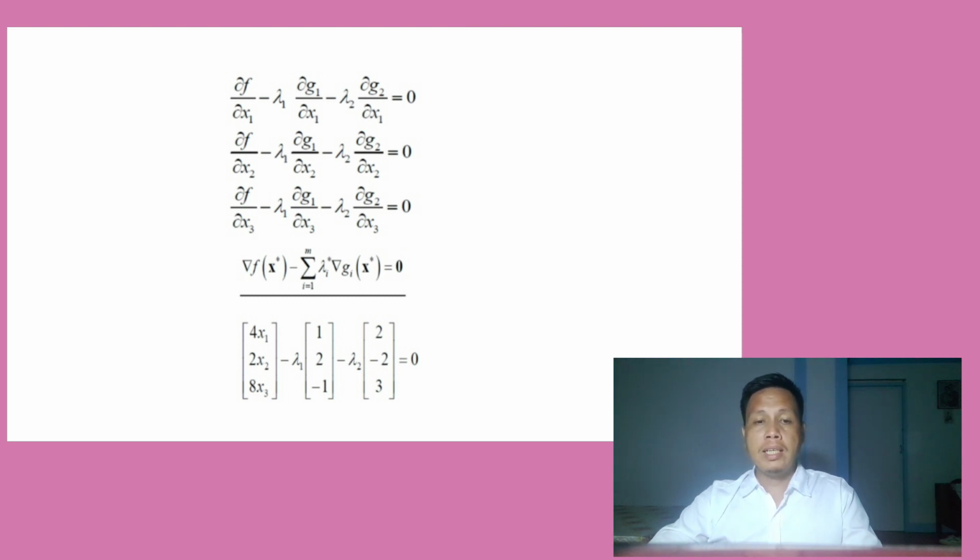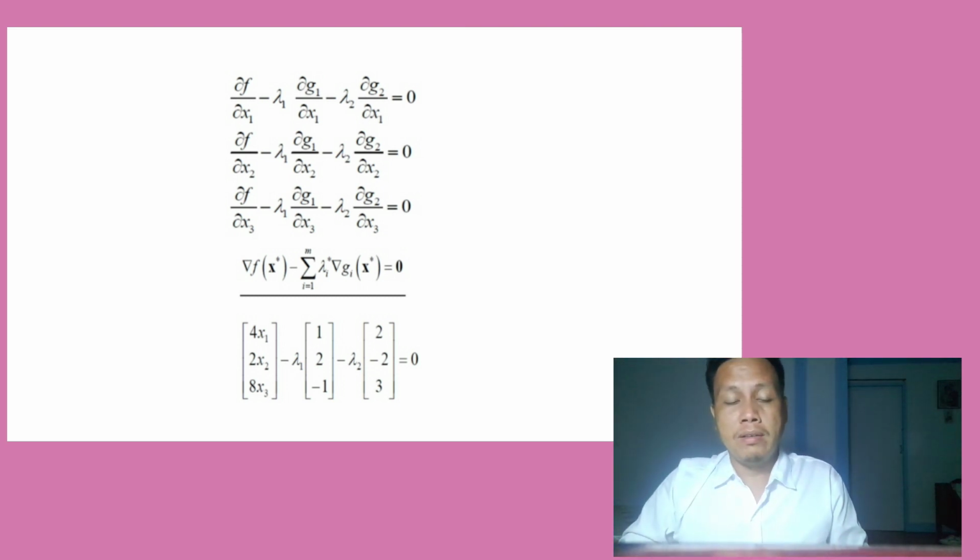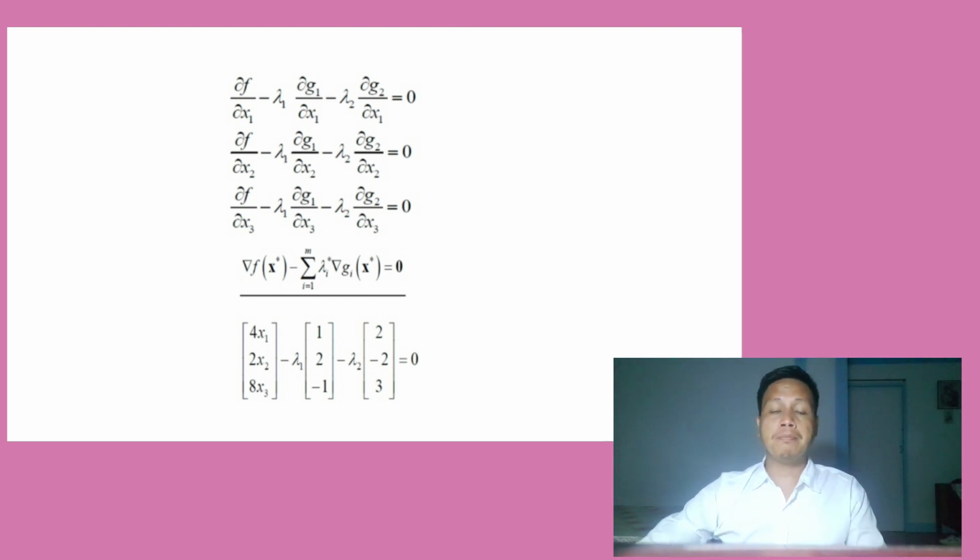This is for x_1, x_2, and x_3. So x_2 and x_3 will follow this partial derivative of f over partial derivative x_1. We have to change the 1 into 2, and for x_3, you only have to change the subscript.